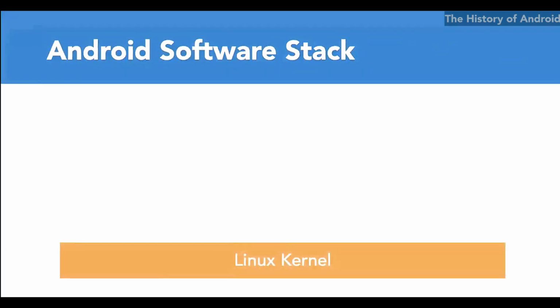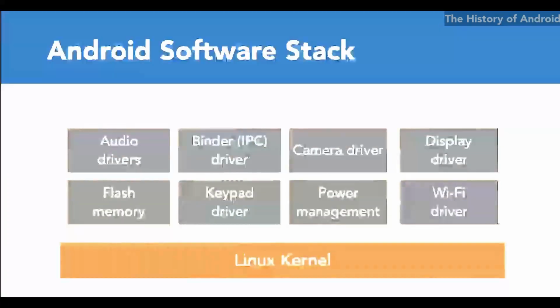The Linux kernel, again, starts with Linux itself, but then it also has a set of drivers, and these drivers are tuned to the particular hardware that the operating system is running on. There are drivers for audio, camera, display, the keypad, flash memory management, power, Wi-Fi, and so on.